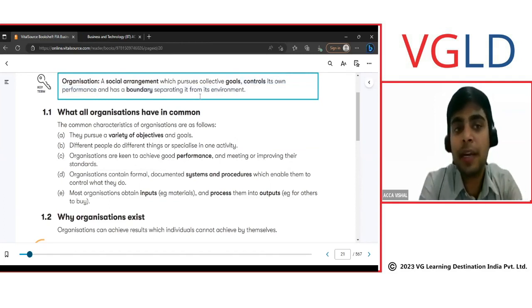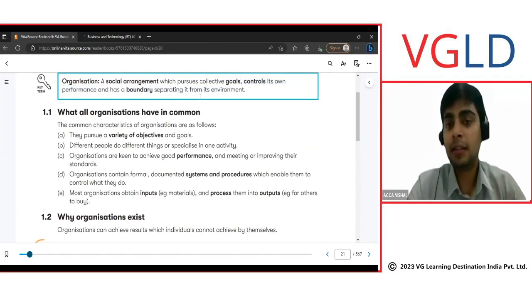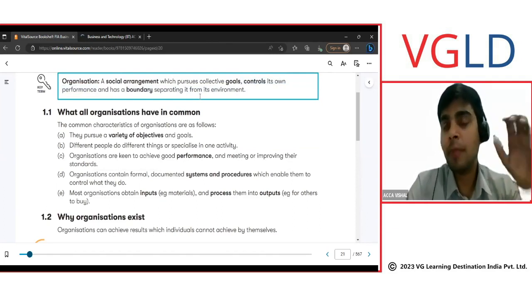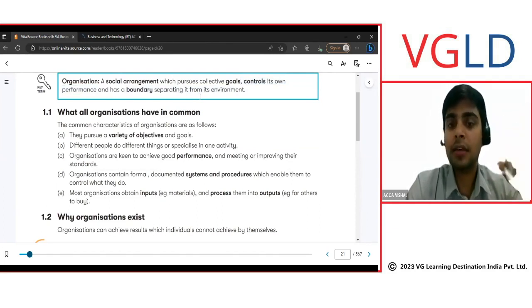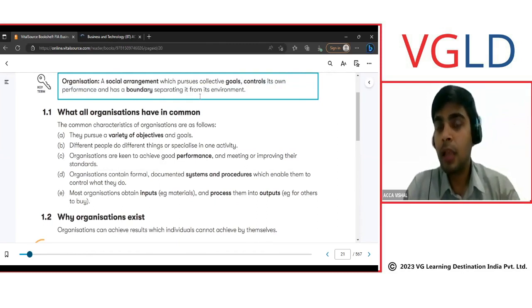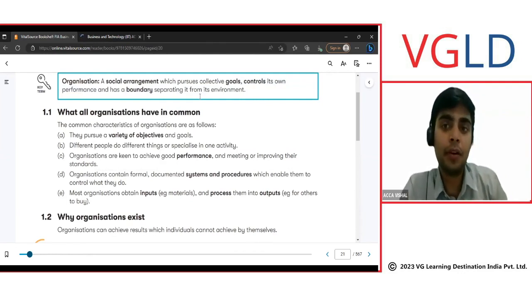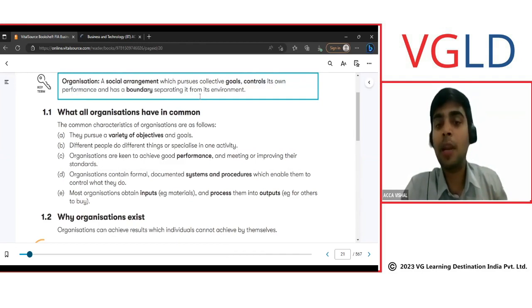When I say boundary separating it from the environment, what it means is that there's an environment: there's a market available, there's government law, and there are competitors. So these are external forces, not internal forces. Internal is something that I can control, like I can decide how many people will be in my organization, how many people will manage the team.